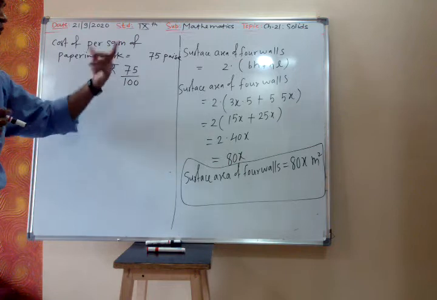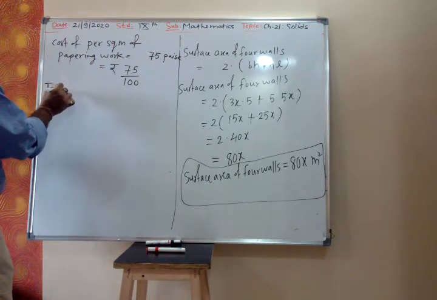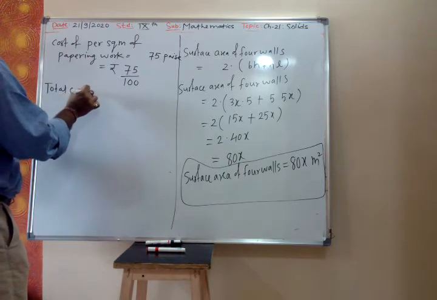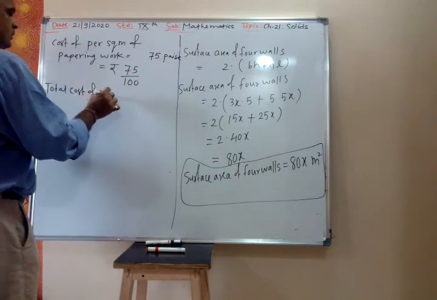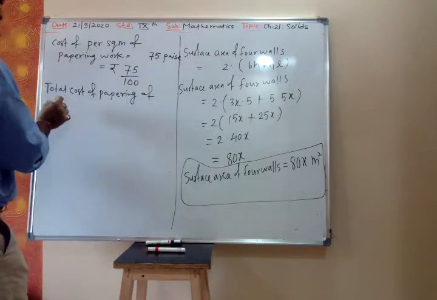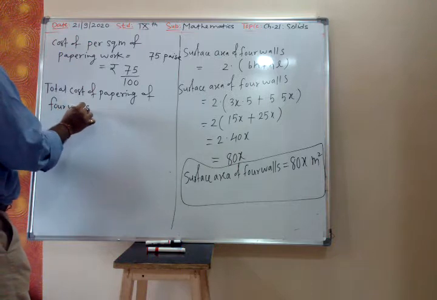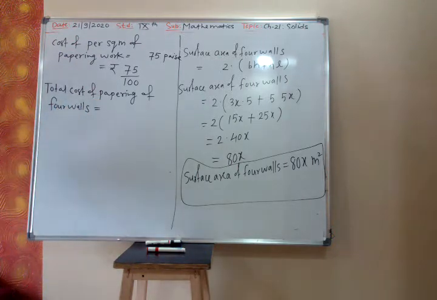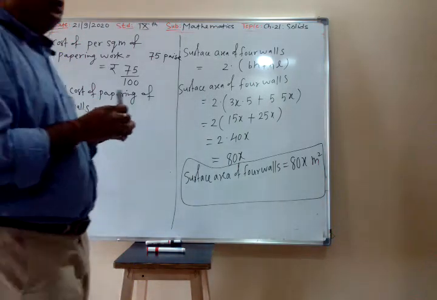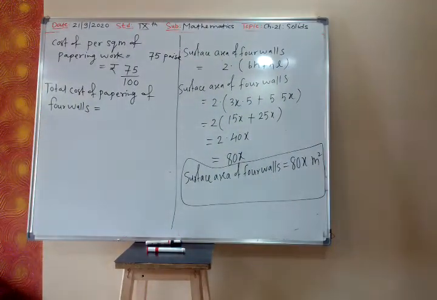So what will be the total cost of papering of 4 walls? What will be the total cost?